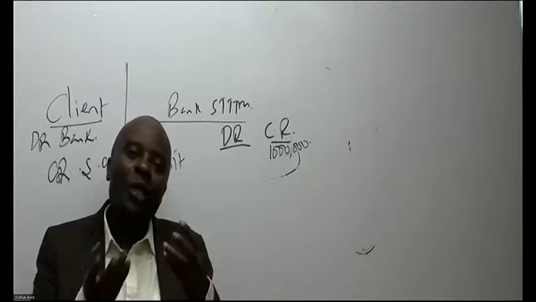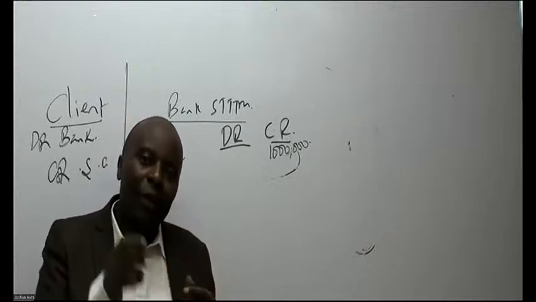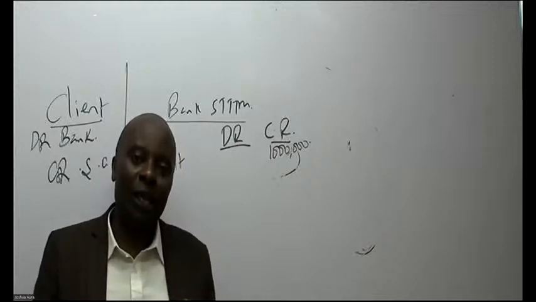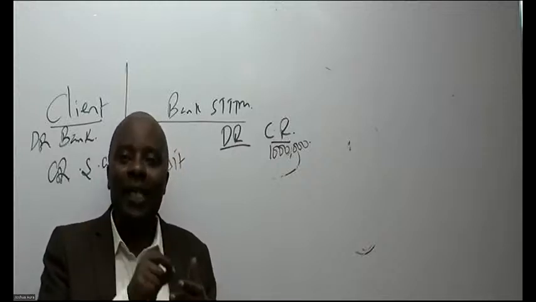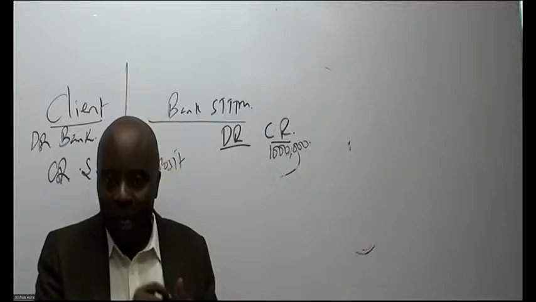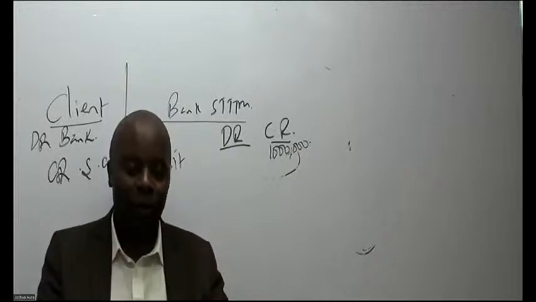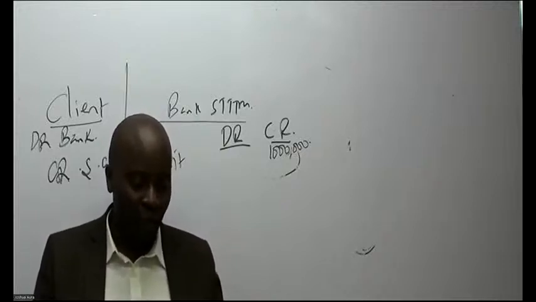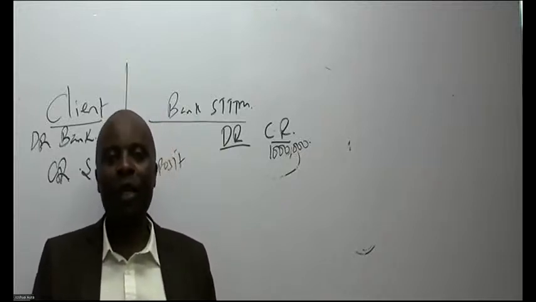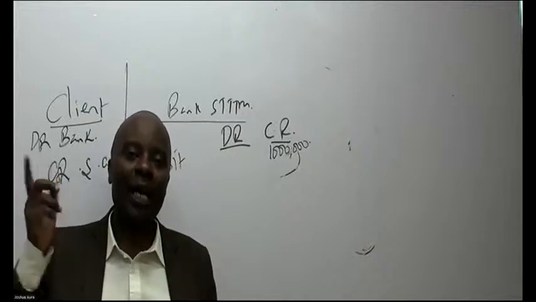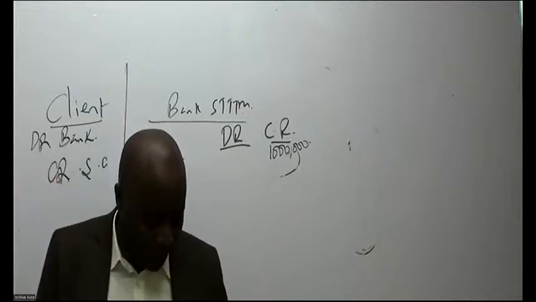So when you received this check yourself, what do you do as an accountant in that company? You must have added that amount in your cash book. You received a check, so you go to your cash book, you debit your cash book, and you credit that particular customer's account. So you have already recorded this amount.